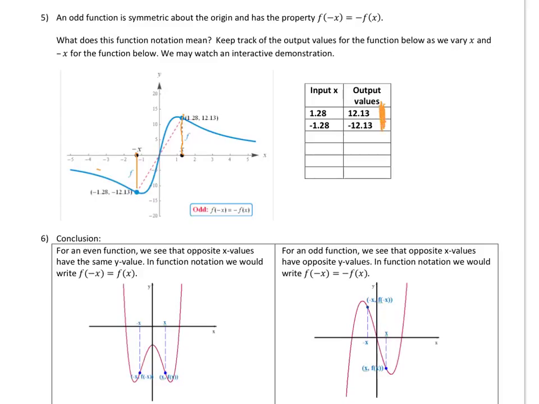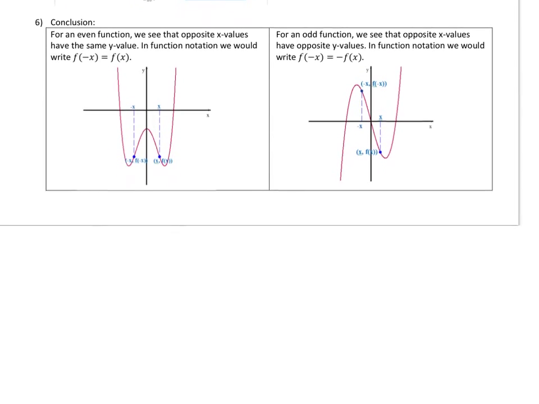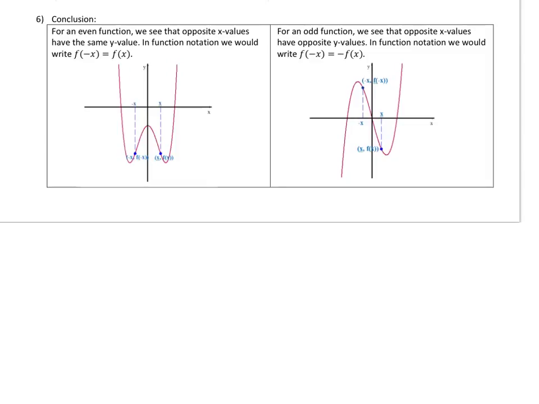So these two y values aren't the same, they are exact opposites. So in conclusion, for even functions, opposite x values give the same y value. That is, when you plug in an x and a negative x, you get the same y. For an odd function, opposite x values give opposite y values.